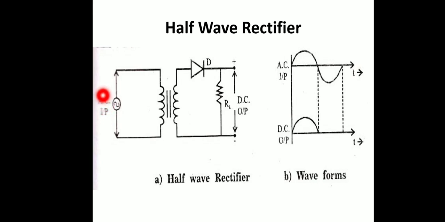Now this is for example. Now let us see here the negative terminal of the battery and here is the positive terminal, means the polarity is changed.